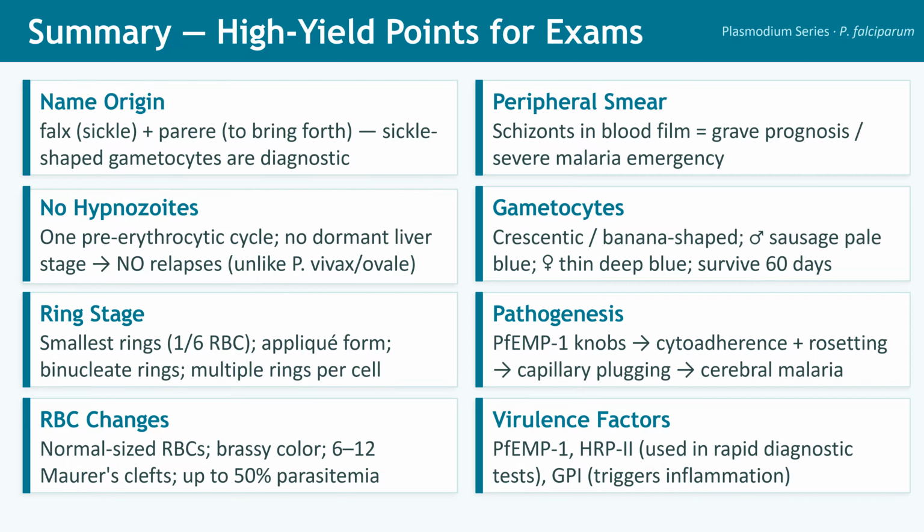The pathogenesis involves knob formation, cytoadherence and rosetting, leading to capillary clogging, cerebral malaria and multiple organ failure. Several virulence factors such as PfEMP1 and histidine-rich protein are responsible for triggering inflammation and causing severe malarial infection in Plasmodium falciparum.